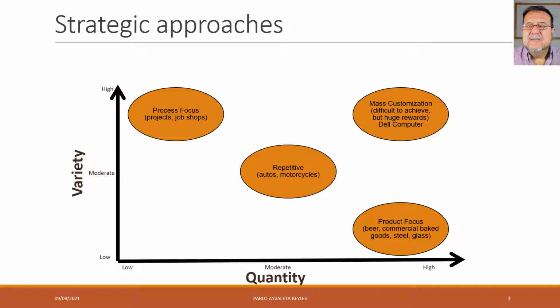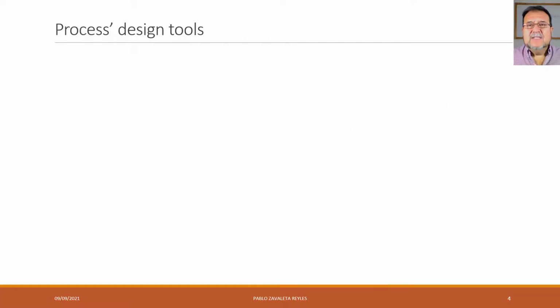And then we have mass customization. Even though in the book they talk a lot about Dell computers, we also saw that a lot of companies now have been able to replicate this approach. For example, Starbucks, where you can have your coffee any way you want it, and yet they also attend a lot of customers at the same time. That's mass customization. So let's talk a little bit about process design tools.